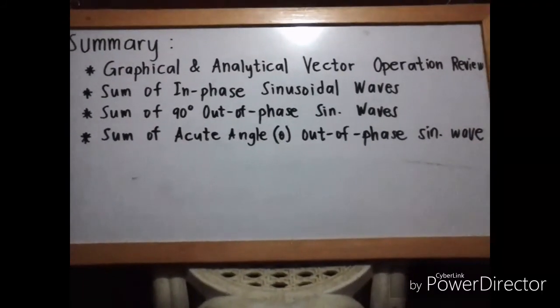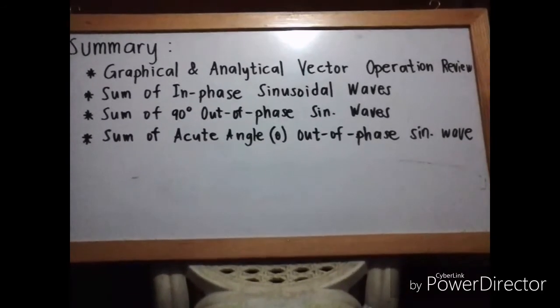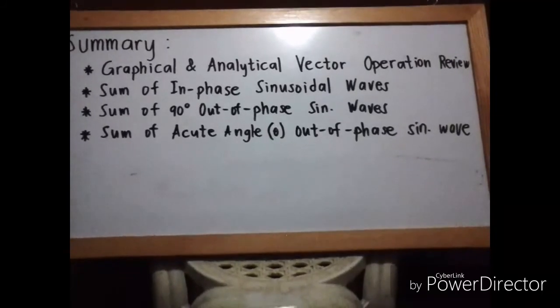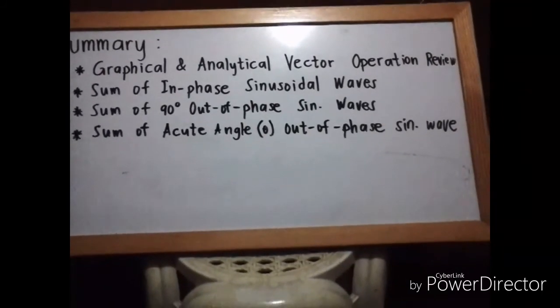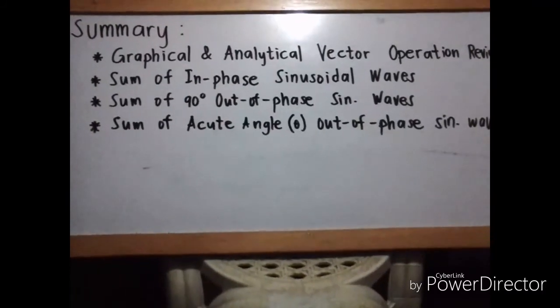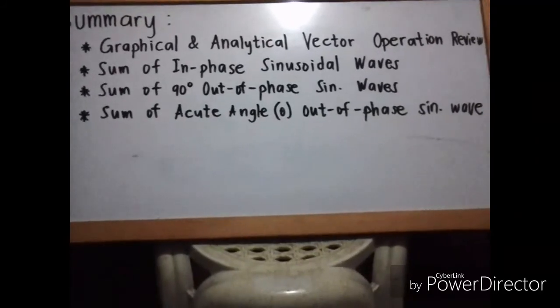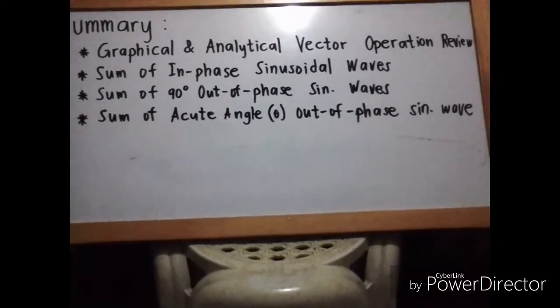The last that we have tackled is the sum of acute angle, represented by theta, out of phase sinusoidal waves. And at the end of the discussion, we have answered a couple of problems that illustrate the concept of what we have learned.